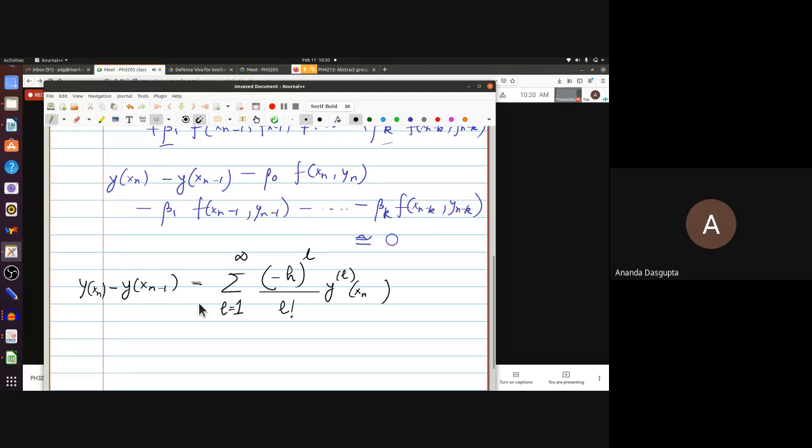Is it okay with everybody? Just like when you go from xn minus 1 to xn, the increase in x is plus h. When you go from xn to xn minus 1, the increase in x is minus h. And that's all we have really used here. But there is one more thing which is wrong about this expression. So I want you to tell me what.